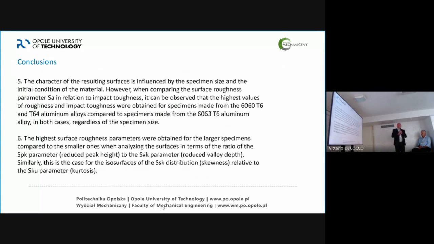More analysis will be necessary in the future, in the paper after the conference, but at first, you may say that the character of the resulting surface is influenced by the specimen size and the initial condition of the material.